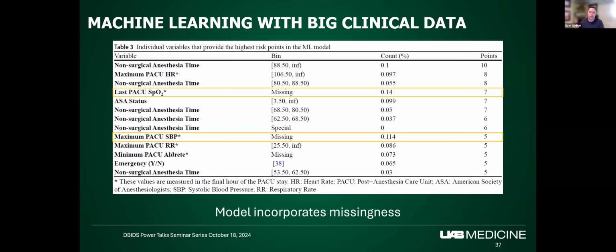And it seems pretty logical that if the values were not captured and people were making decisions that patients should be released without seeing those values, maybe they weren't as fully informed as they could be. But there were other really critical things, the biggest one being non-surgical anesthesia time. So how long they were unconscious while not being operated on was the largest factor.